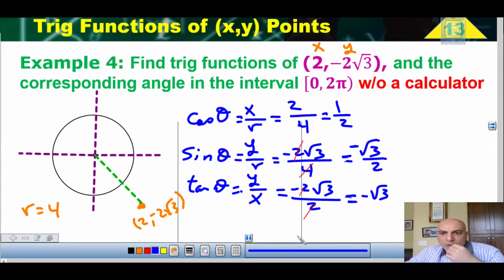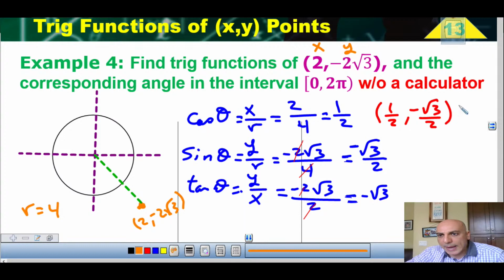Okay, so I really have to think here. What was the angle that had this point, 1/2 comma negative square root 3 over 2? What angle do you think we are talking about? Look at the comments. You guys are good. Yes, the angle that you're looking for is 300.